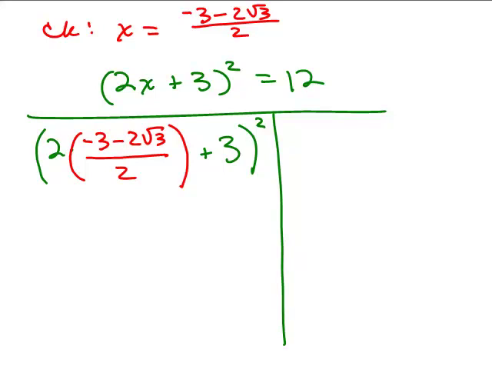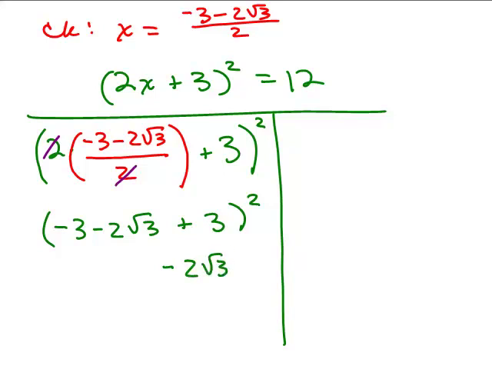Notice my 2's cancel. So now inside parentheses I have negative 3 minus 2 square roots of 3 plus 3. And then within parentheses, the negative 3 plus 3 is 0, so I have negative 2 square roots of 3 in parentheses, squared. Now when you square that, a negative times a negative is going to be a positive. 2 times 2 is 4, and square root of 3 times square root of 3 is 3.